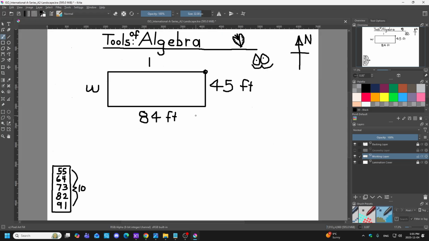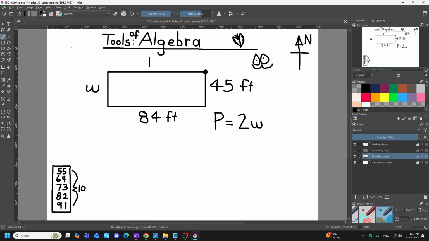Let's solve. Our perimeter is going to be P equals 2 times W. Why 2 times W?